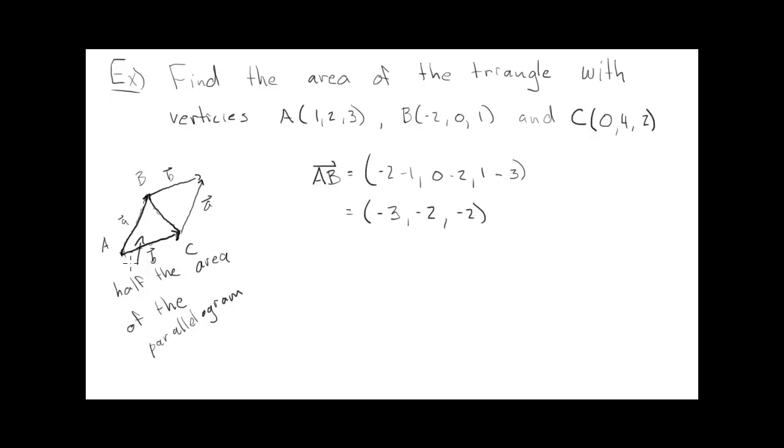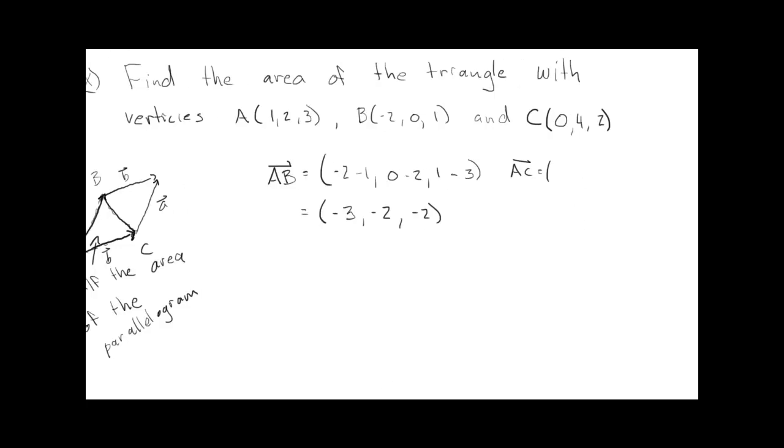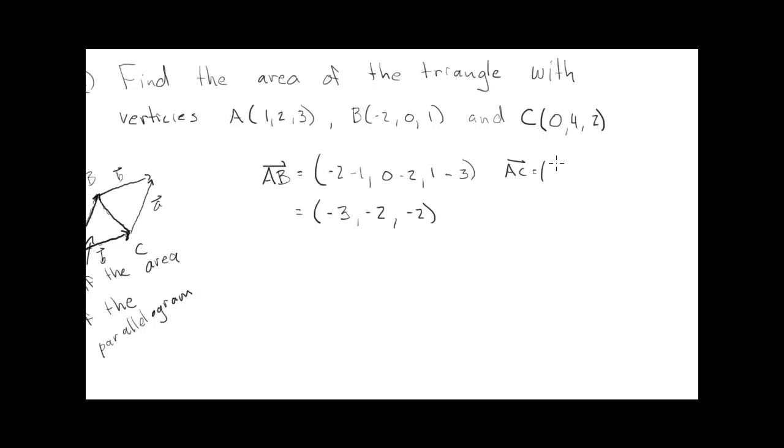And then we need vector AC. AC would be the C components minus the A components. So 0 minus 1, 4 minus 2, 2 minus 3. So negative 1, 2, negative 1.